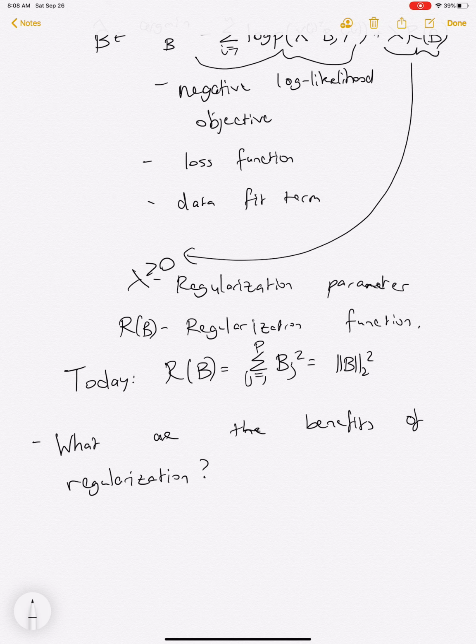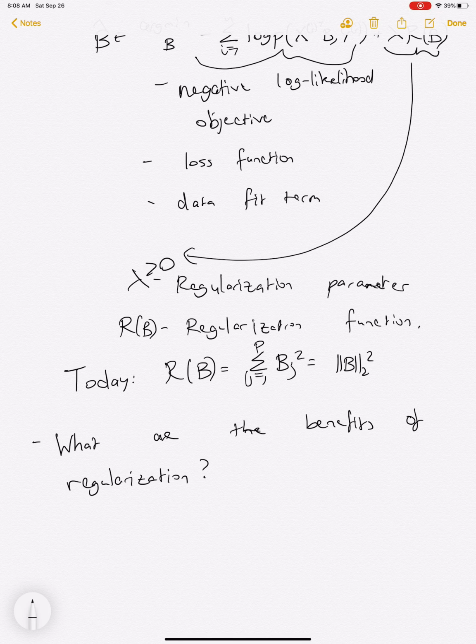I did highlight and list them in the previous lecture, but I just stated them in words. Hopefully some of the analysis we're going to do today will shed some light on what the actual benefits of regularization are, firstly in the squared L2 case, and then in a couple of lectures we'll move on to the L1 case.